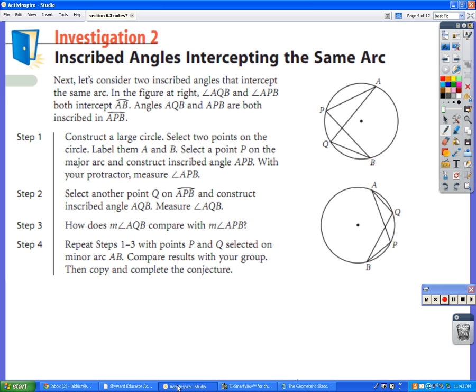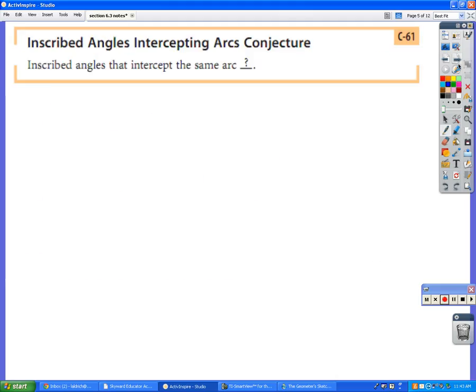So that is our next conjecture: if you have two inscribed angles that are intercepting the same arc, since this angle is half of this arc, and this angle is half of this arc, those two angles will be congruent, or the same. So inscribed angles that intercept the same arc are congruent.